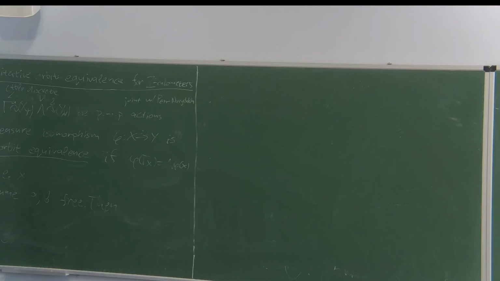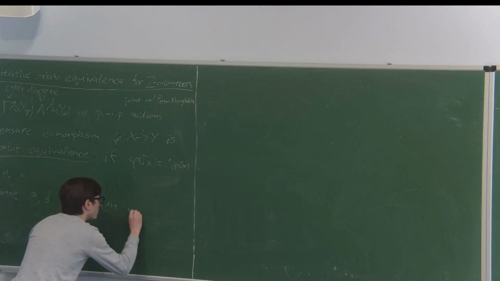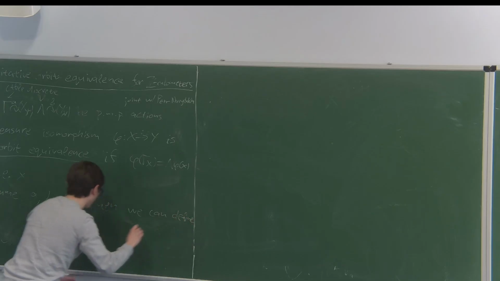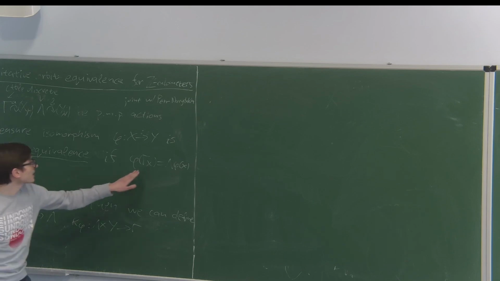Then I can define cocycles for my orbit equivalence. So let's say lambda phi from the group times the space into the other group, and let's say kappa phi to the other group, and those will exactly encode how this is implemented.